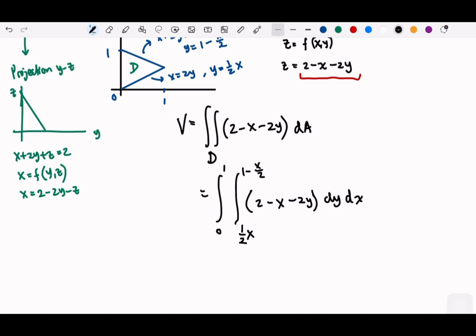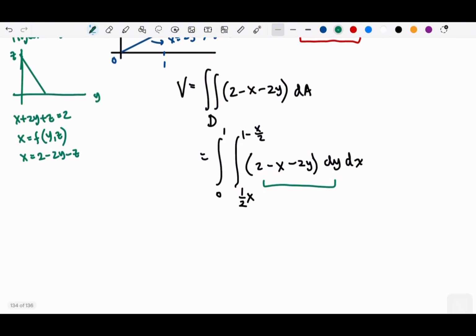So compute as usual. I think we can compute as usual. This will be 2y negative xy, and then plug in all the information here.